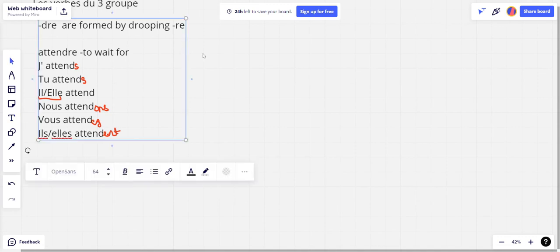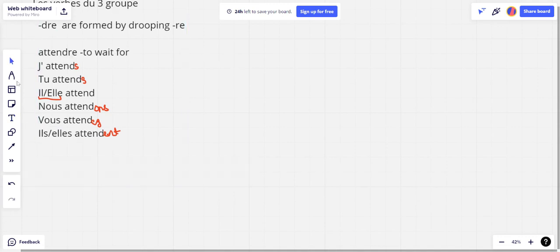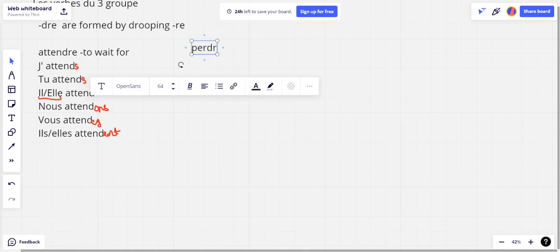Now, another word of the same category is perdre, which means to lose.